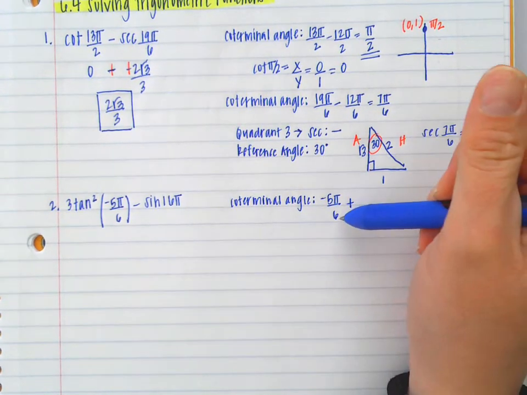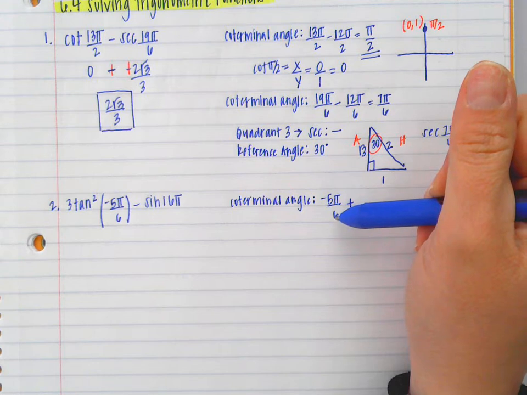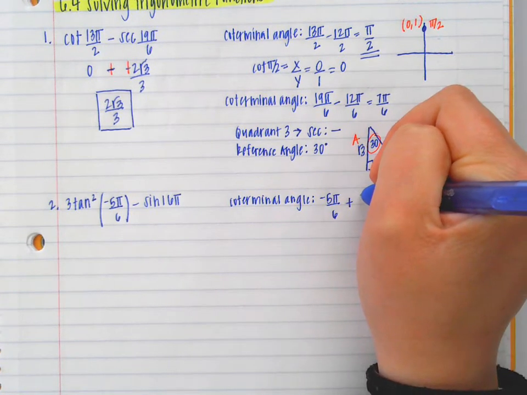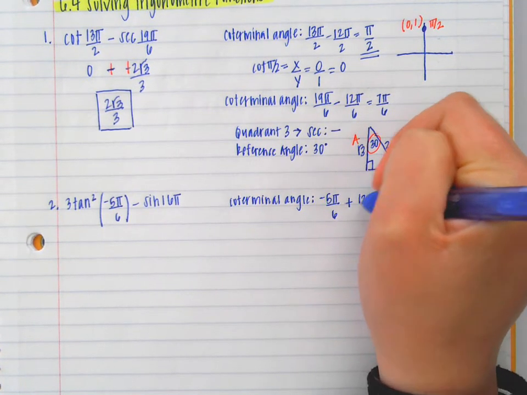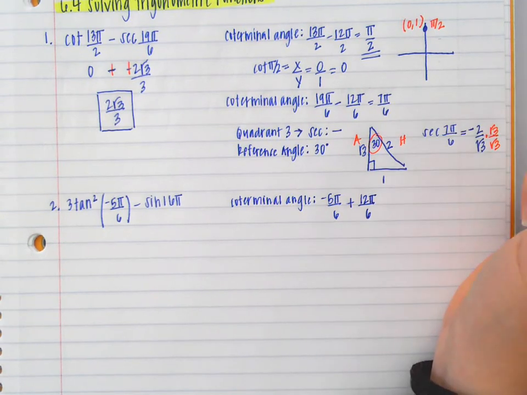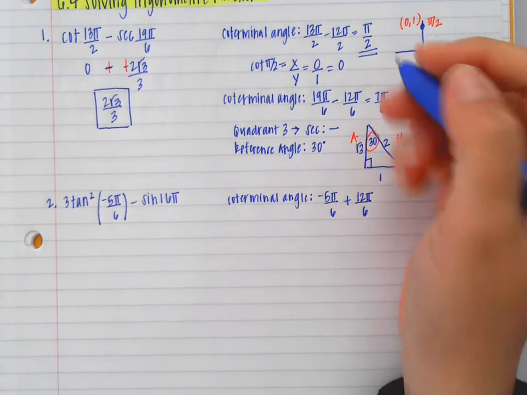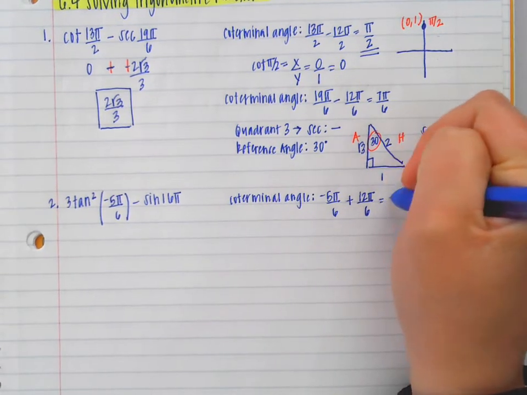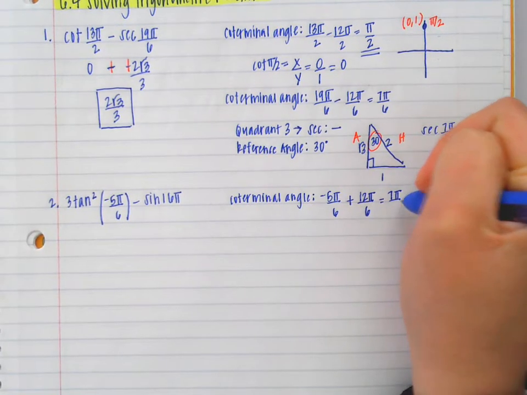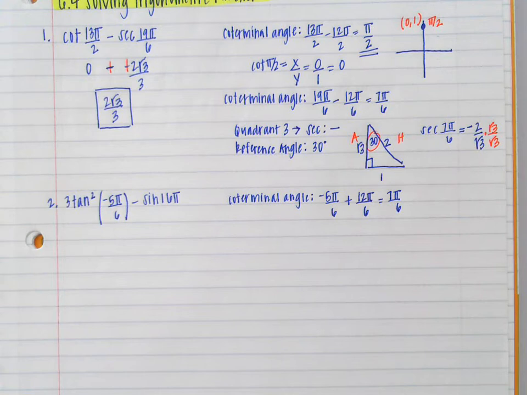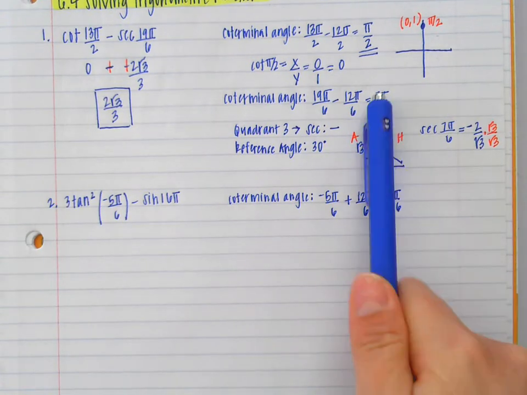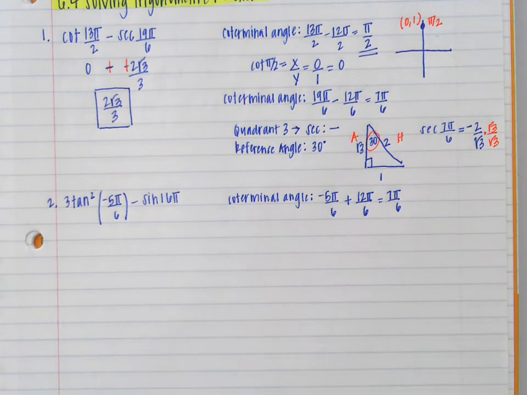Now I need to get a common denominator. So to get a common denominator, we multiply top and bottom by 6. So it'd be 12 pi over 6. So negative 5 pi over 6 plus 12 pi over 6. Oh, looks like we're getting the exact same radians as we did in the last one. So 7 pi over 6.